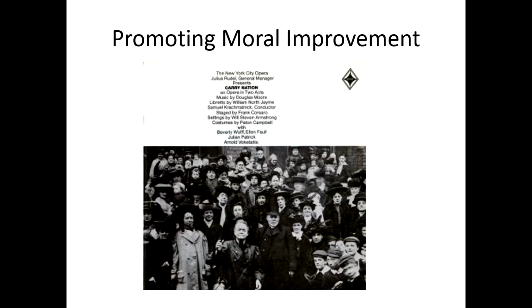And by promoting temperance, which is being against alcohol, and by promoting prohibition, they felt that this would improve the population's morality and benefit their way of life. The reason for prohibition is the progressives feared that alcohol was undermining American morals.